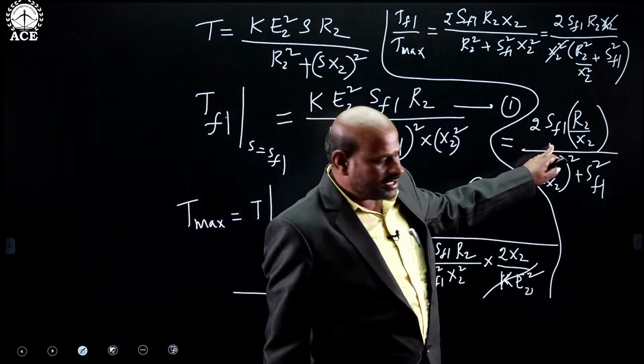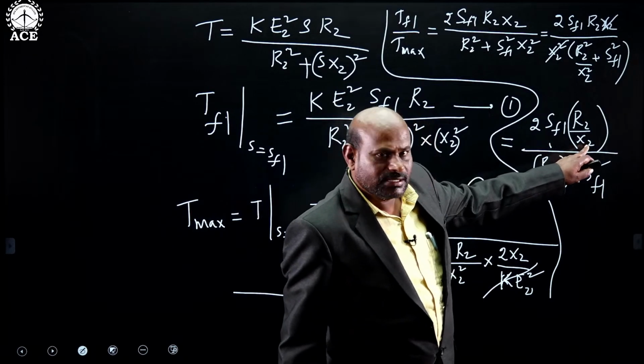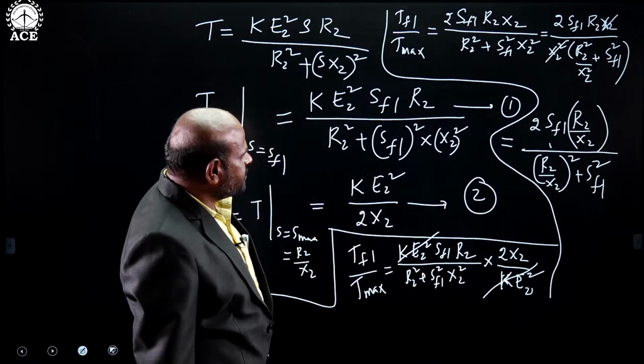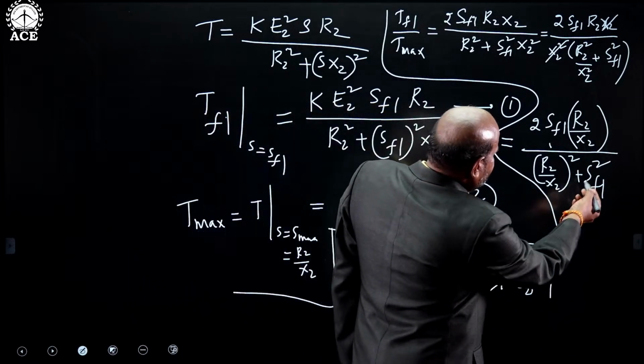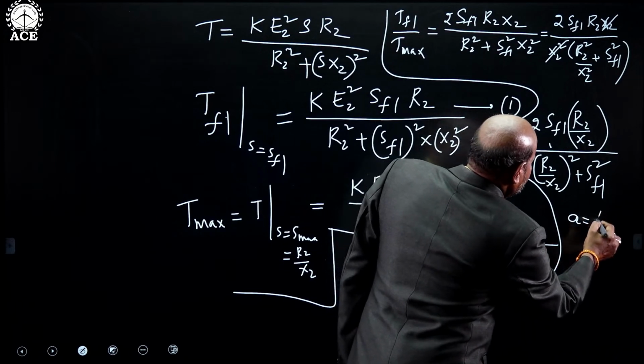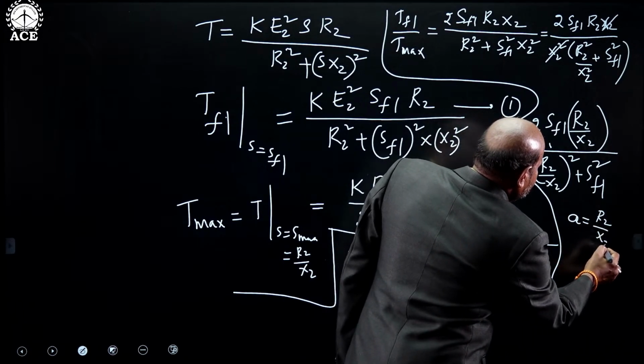So this is the full load slip and this is the maximum slip. Let us assume the full load slip is SFL and the maximum slip is A, where A is nothing but R2 by X2.